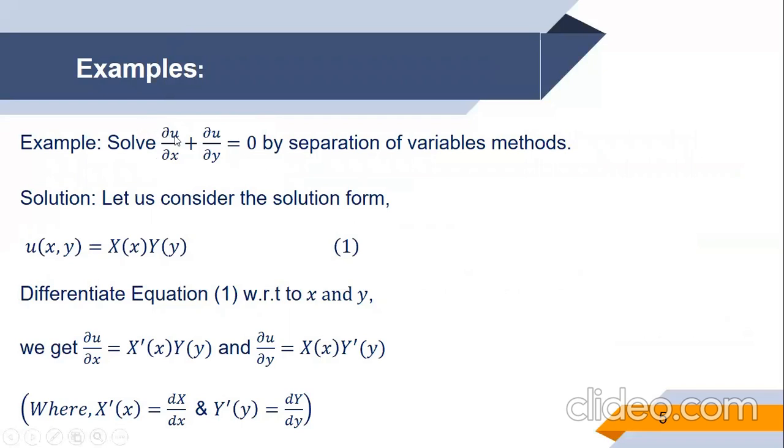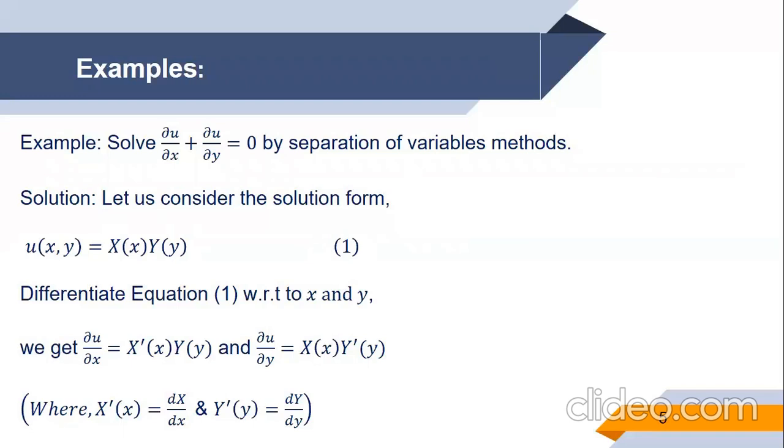Obviously here u is dependent and x and y are independent. So first we consider the solution form u(x,y) is equal to X(x) Y(y). This is equation 1.